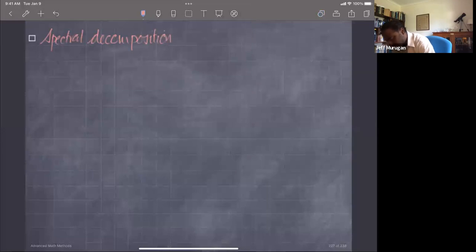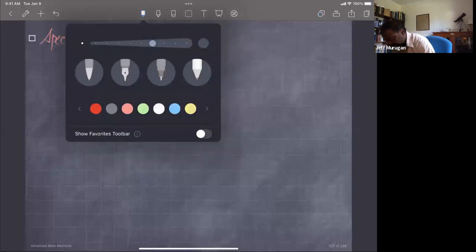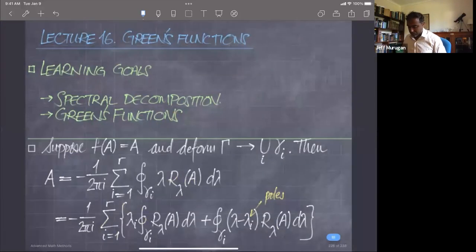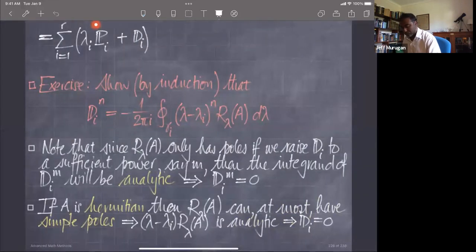If the di's all vanish, that means that all of this stuff vanishes, which means that I'm only left with this first piece here.